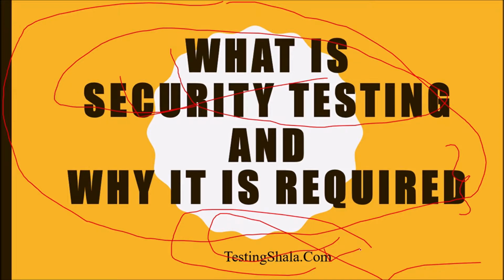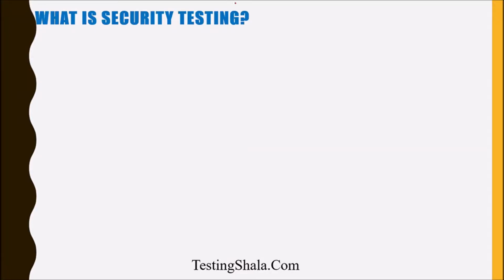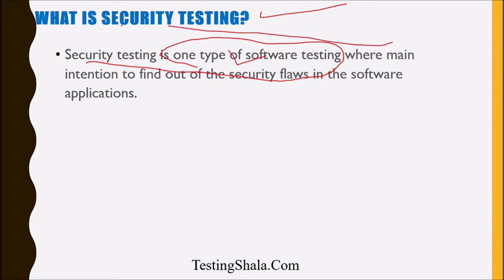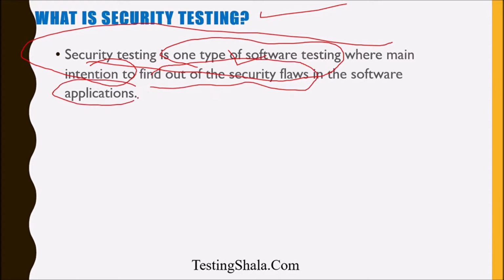So let's move on to understand what security testing is all about. Security testing is one kind of software testing type where we are mainly concentrating on finding the security flaws in the application. We are ensuring that it is difficult to hack the application.